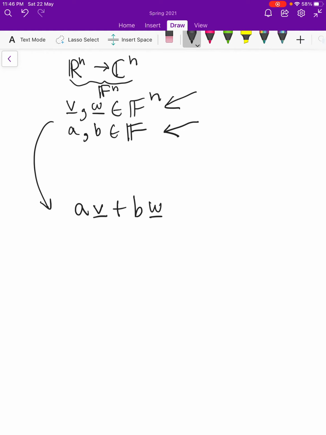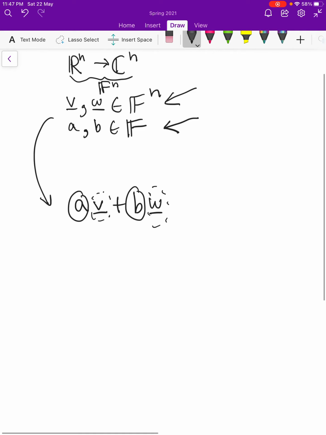and so v and w are set, they're defined vectors. However, a and b can be anything, so that's what a linear combination is.